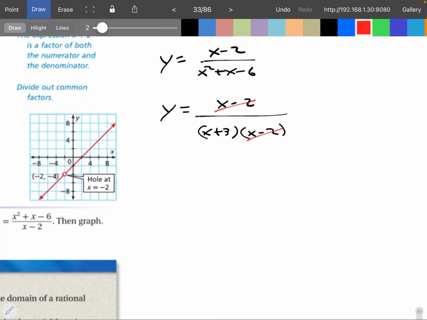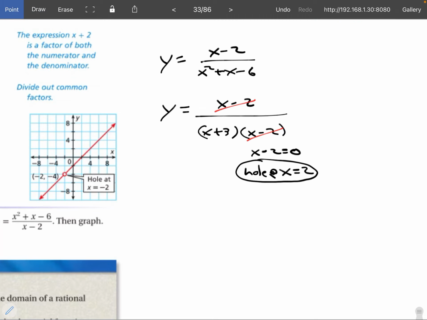Good. The quantities x minus 2 cancel each other, right? Well, we just said on the last example that if we set x minus 2 equal to 0, we get x equals 2. So we have a hole at x equals 2.